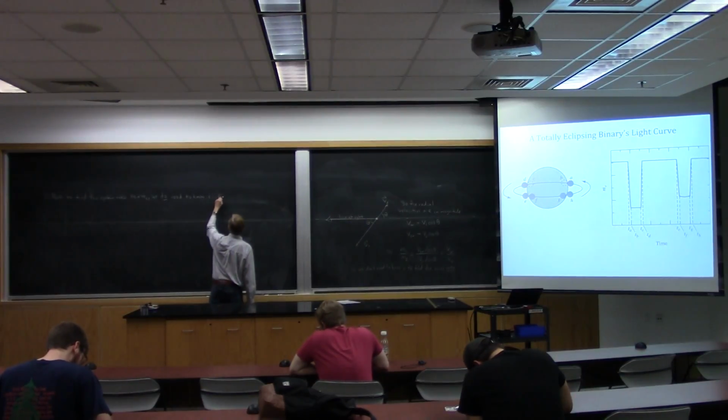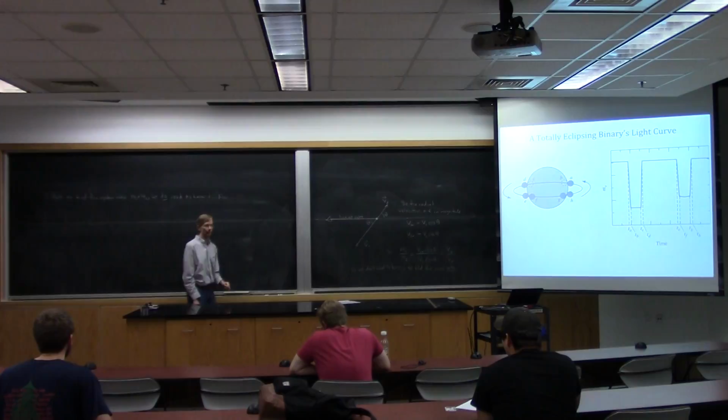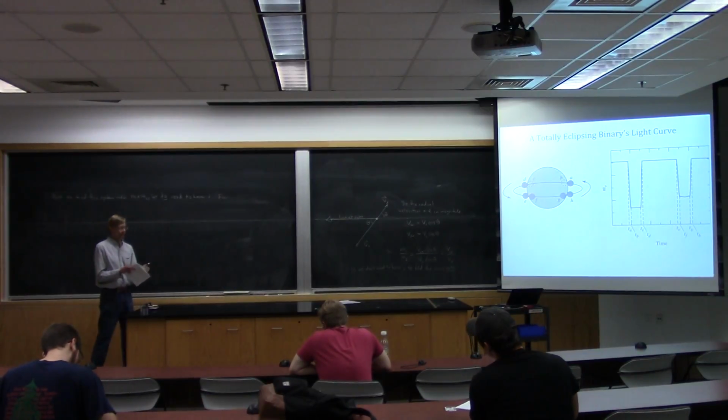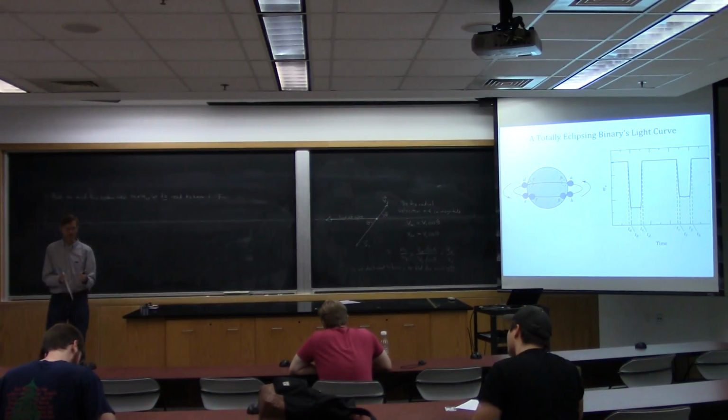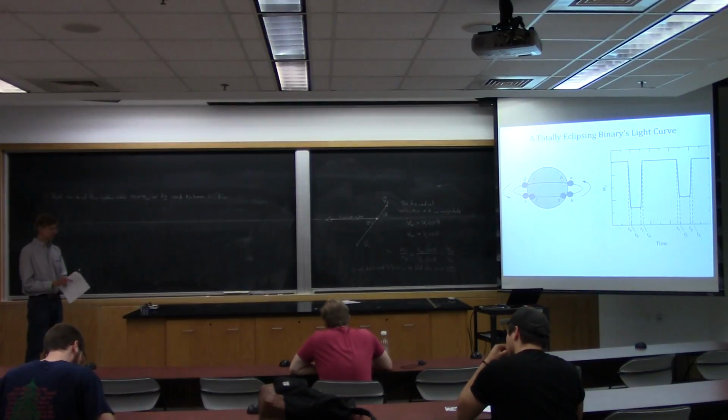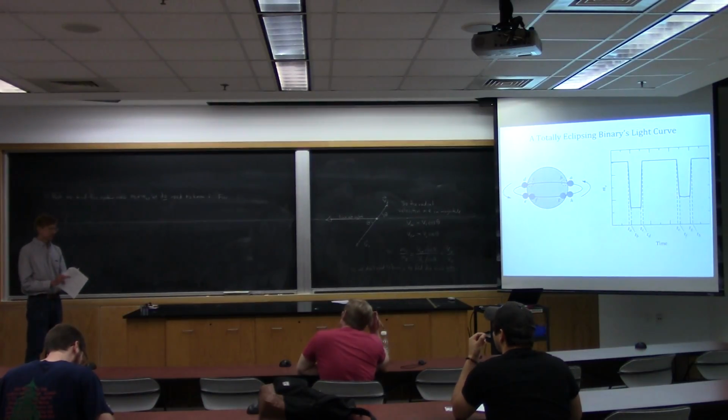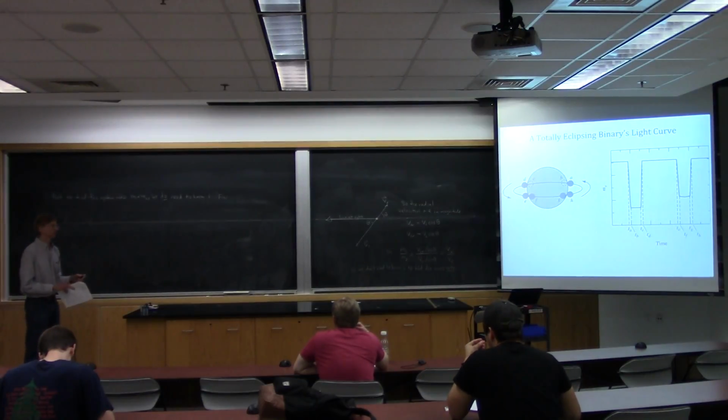So for simplicity, we will assume circular orbits. That's commonly the case for a close binary because, as we mentioned earlier when we were studying celestial mechanics, we found that tidal interactions will tend to circularize orbits.